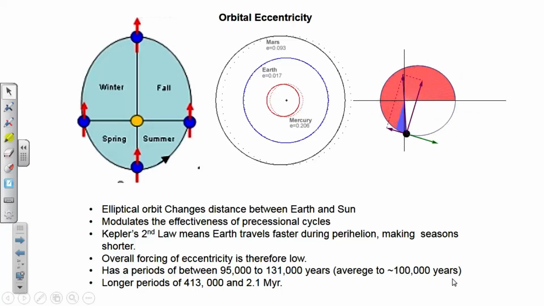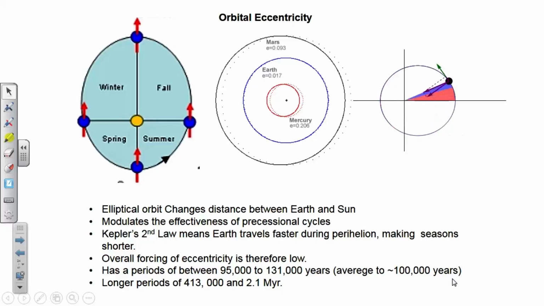The other thing to think of is this diagram that's whizzing around up here, in that if we have a very elliptical orbit, when we're close to the Sun, we'll have a lot more solar radiation than when we are away from the Sun. So there'll be a big difference between the seasons that way. But actually, when the Earth is close to the Sun, it swings past faster, and then it moves slower when it's further away.